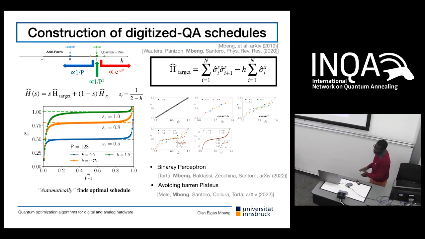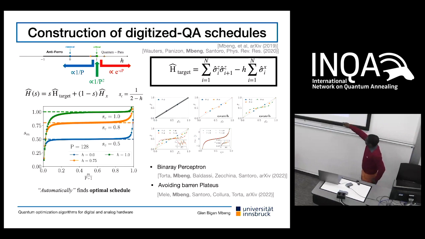When you're doing some full Hilbert space simulation, you don't really care about how hard the model is. That's something for the hardware implementation. So when I talk about the binary perceptron, I mean something that we are simulating, but I'm not talking about results that are embedded, or what you'd get if you put it on a device.